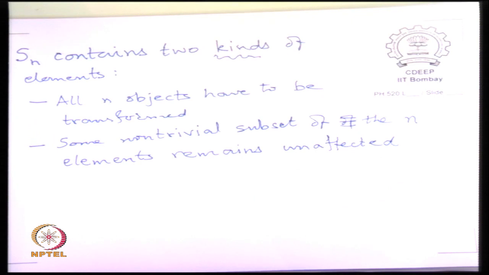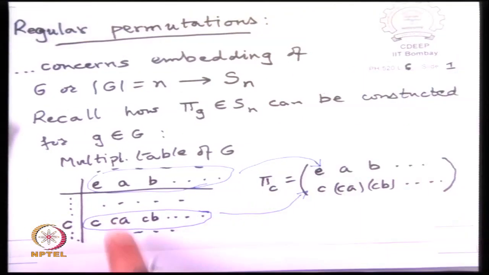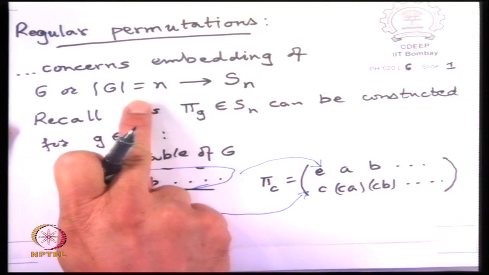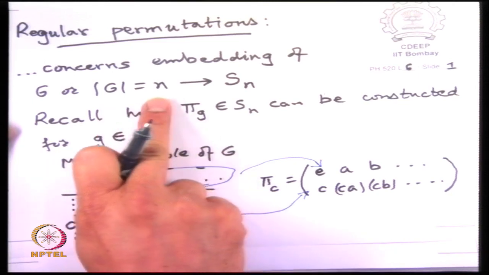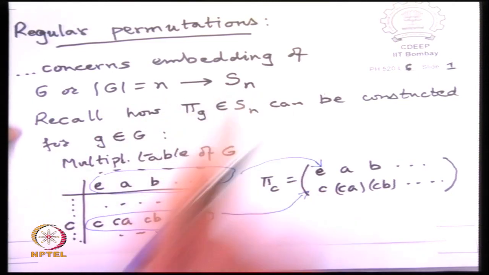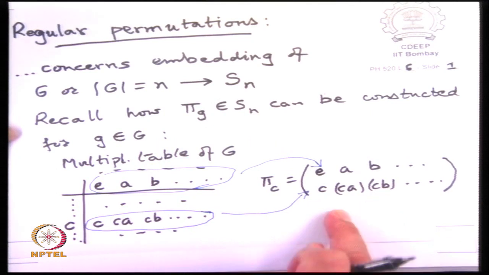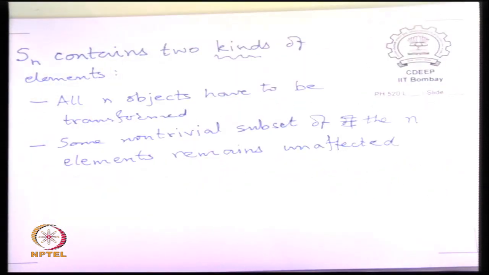So what we observe is that our attempt to represent a specific group of order n into Sn necessarily brings out those elements from Sn where all elements have to be necessarily touched.